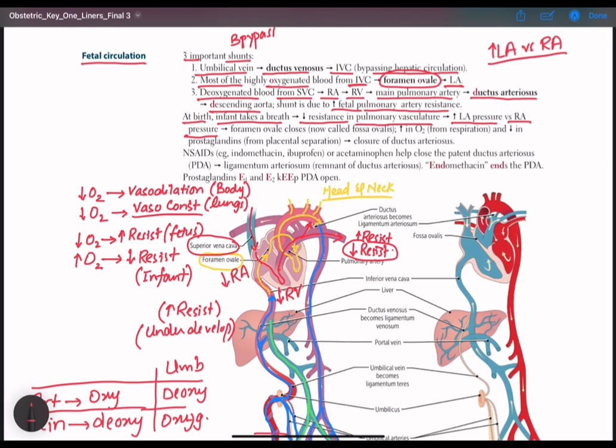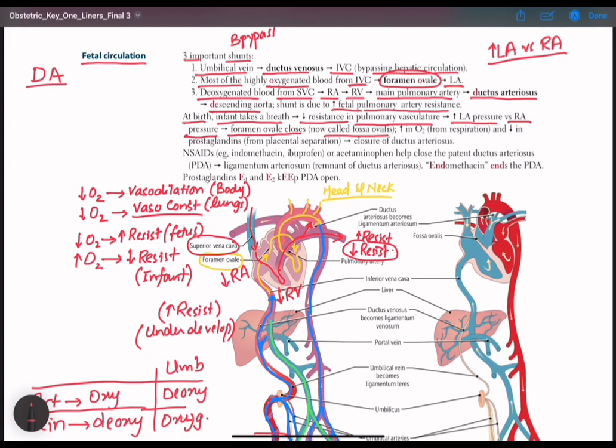This increase in left atrial pressure in comparison to right atrial pressure results in closing of foramen ovale, which is also called fossa ovalis.